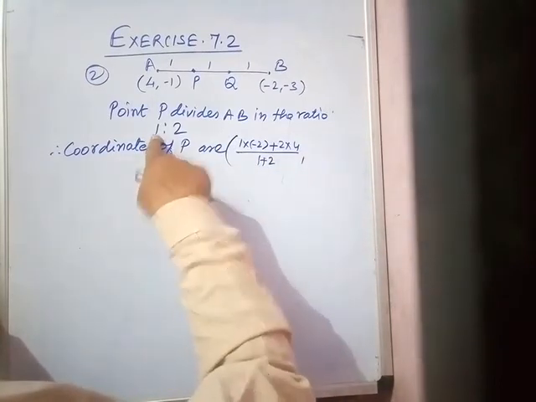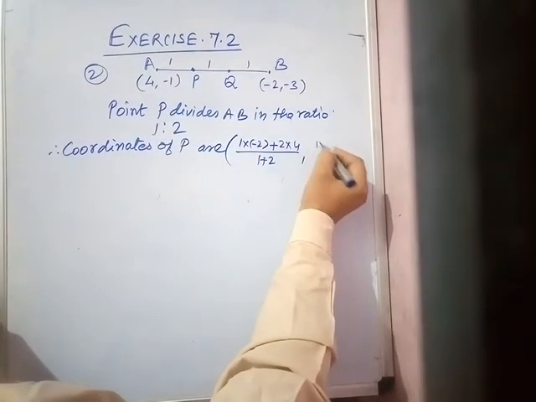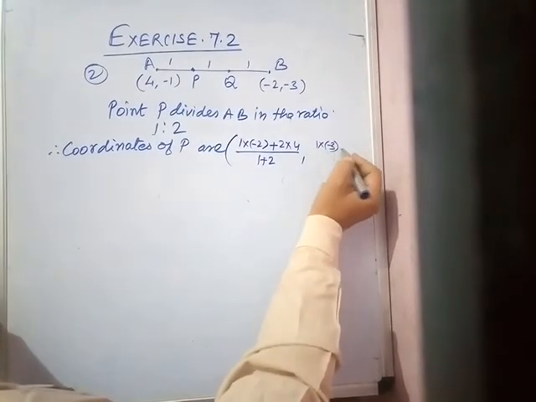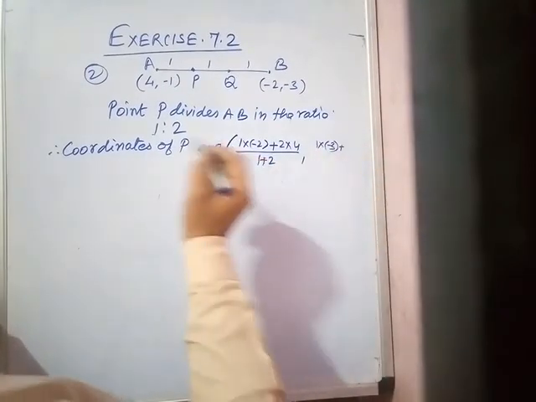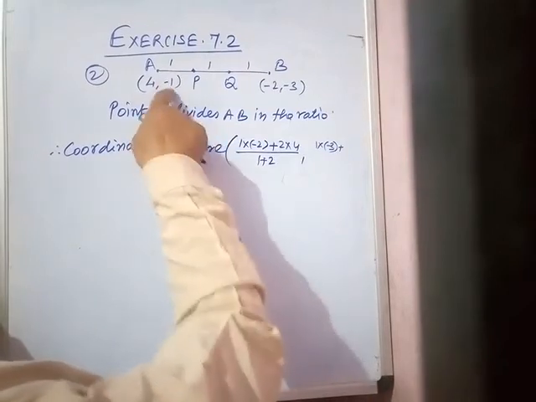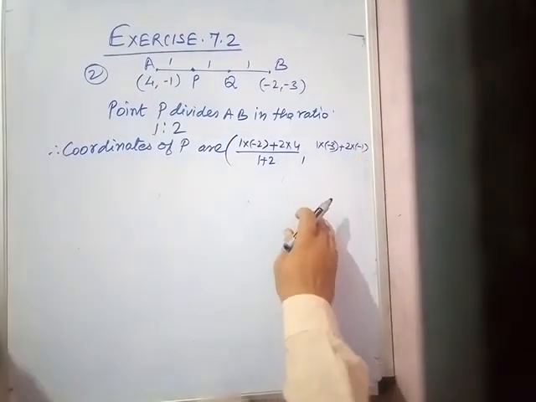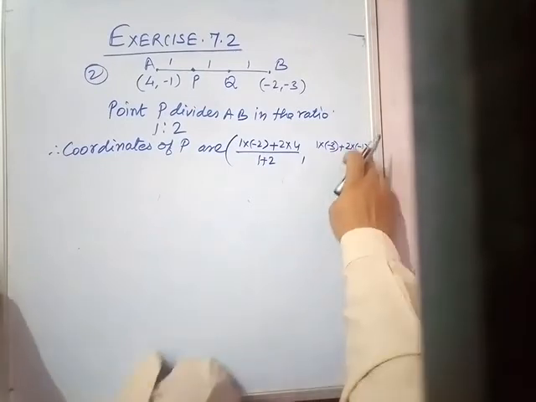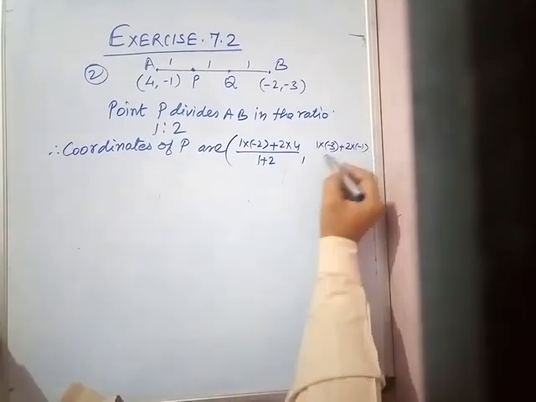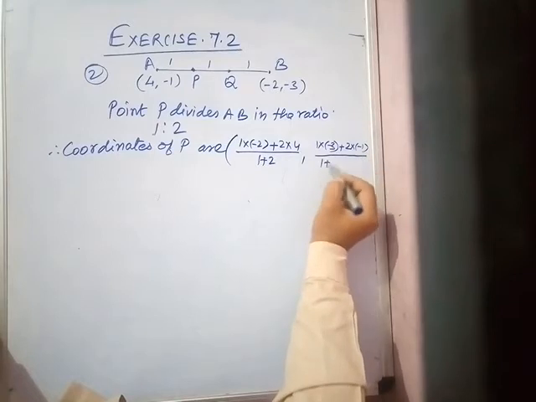Now m1 y2, 1 into minus 3, plus m2 y1, 2 into minus 1, divided by 1 plus 2.